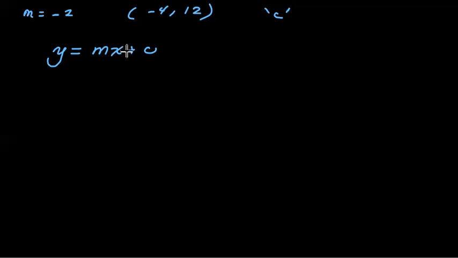Then I plug in what I know. I know, for example, that m is minus 2. I know that it passes through this point, so that when y is 12, and of course m is minus 2, x is minus 4.